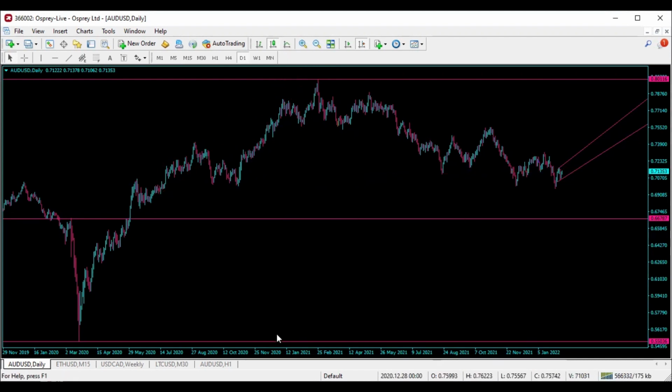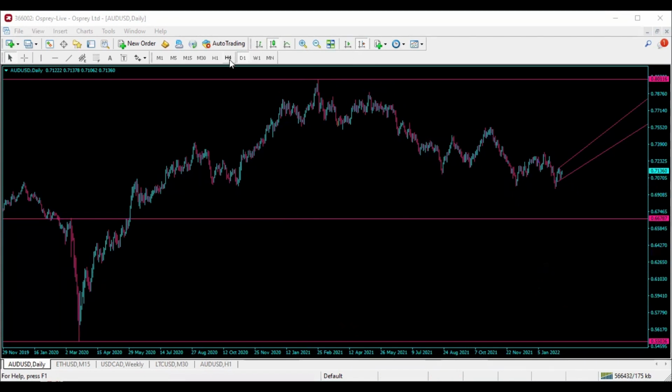So the head and shoulders pattern is one of the easiest spots because it has 3 peaks. And it doesn't matter what time frame you go to, you will always see at least one on every time frame. We're on the daily.